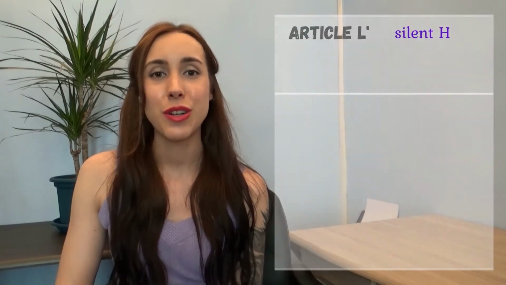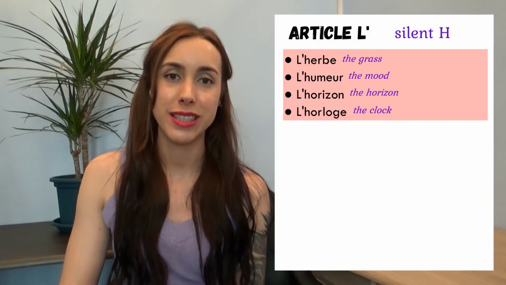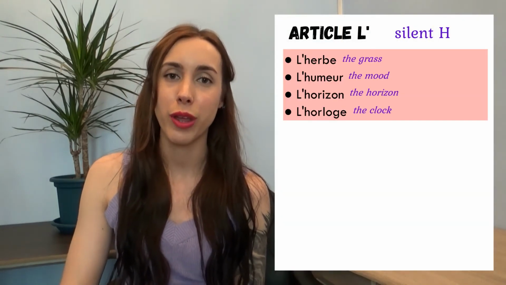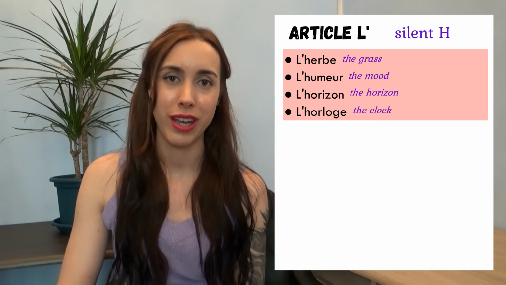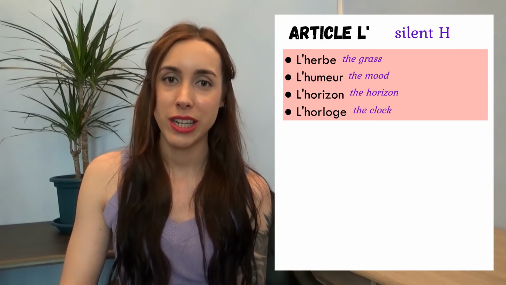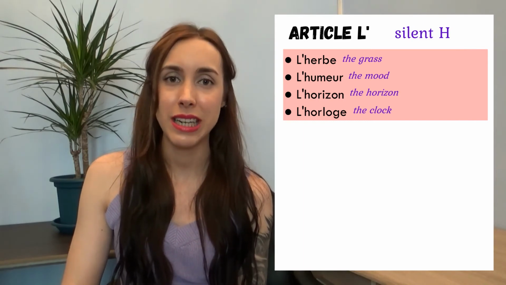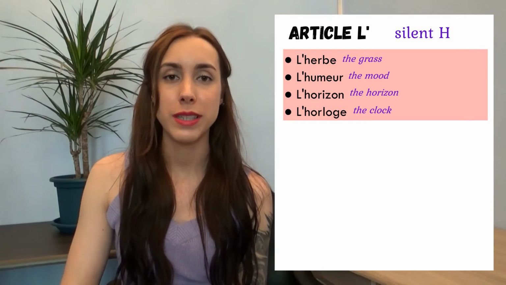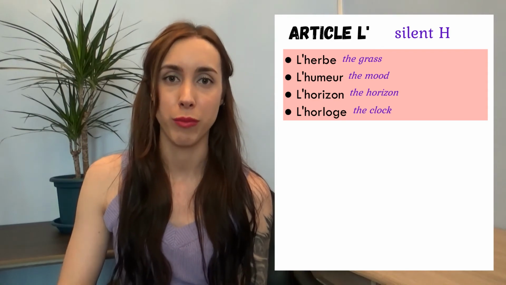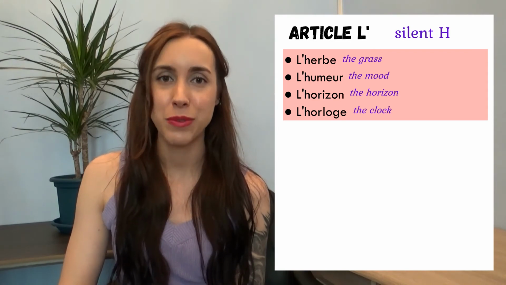Now let's see some words and let's make the difference together. As you can see on the screen, I have some words starting at the singular form with L apostrophe. Here the H letter doesn't have any space to shine, doesn't have any identity, so it's considered to be silent, as in the plural form. Let's pronounce them together.